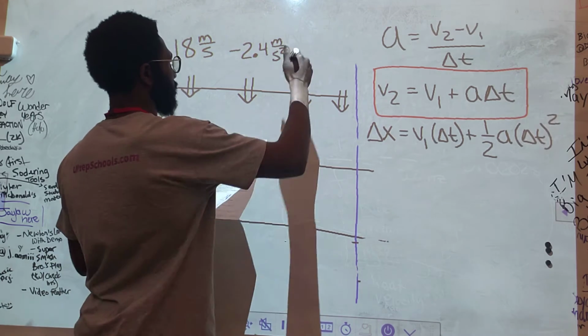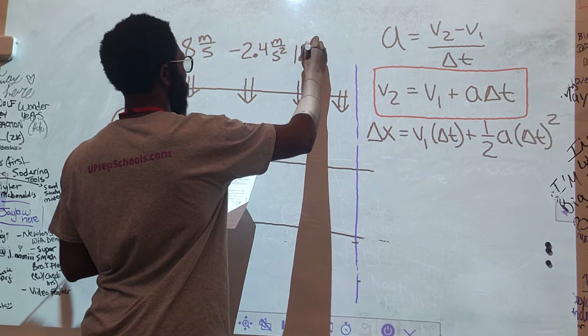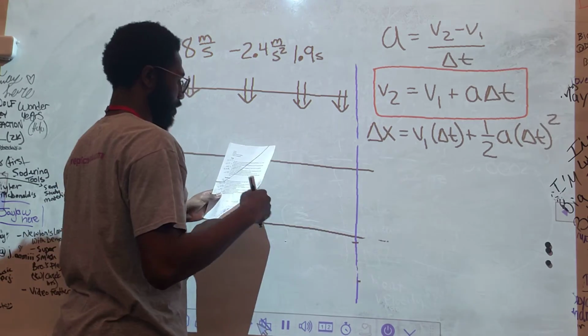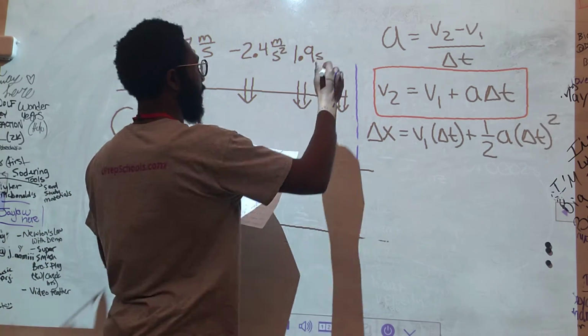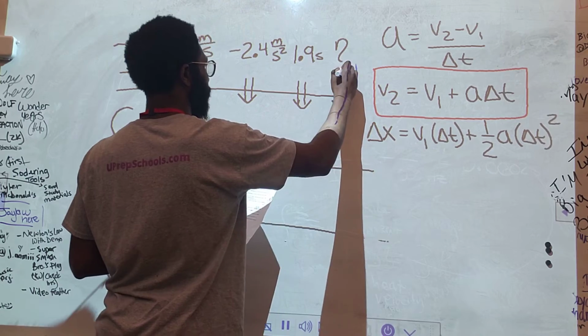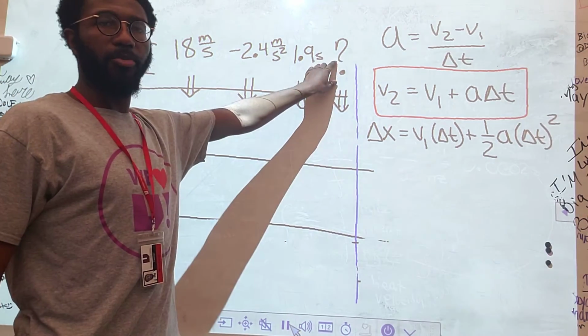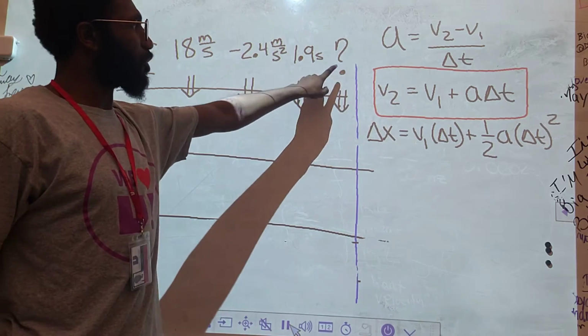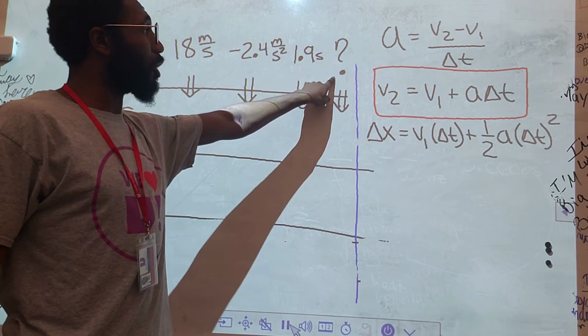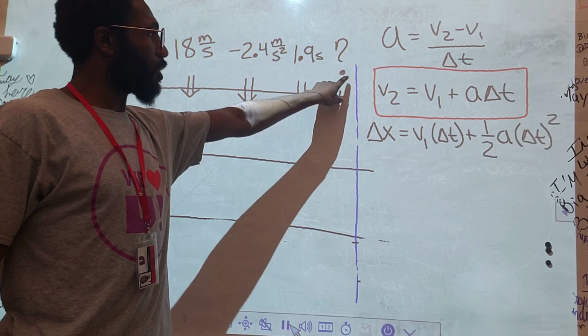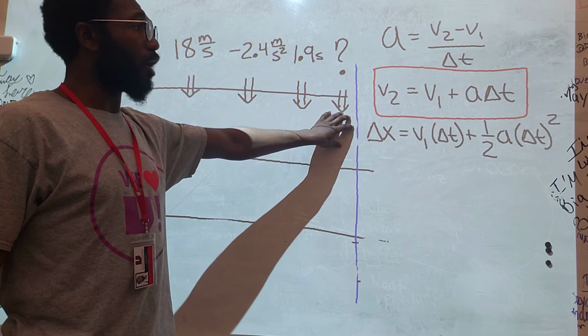It says it accelerates at that rate for 1.9 seconds. And the question is, what is the final velocity of the dodgeball? Another thing, a lot of people tend to forget or ignore putting the question mark. Always put your question mark because you need to know what category that falls into. What symbol are you looking for?